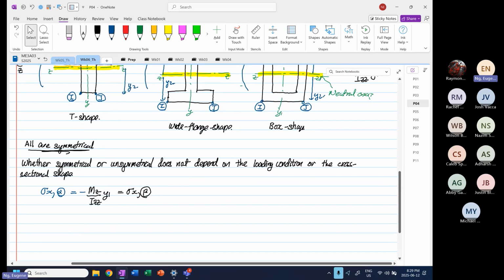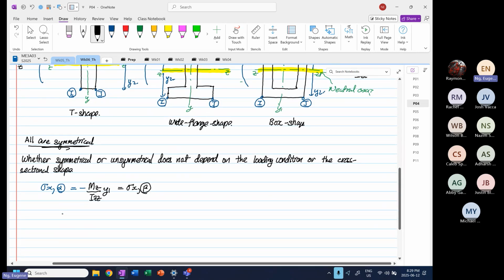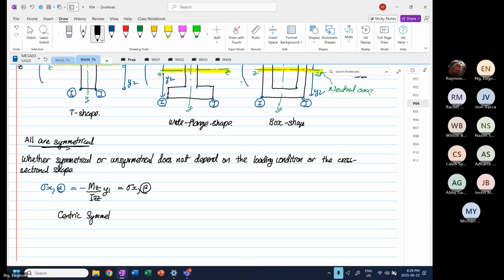When this is the case, this is where we call symmetrical, or for this formula, centric symmetrical bending.